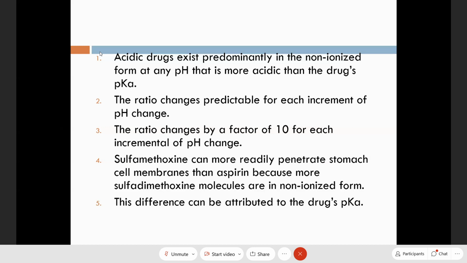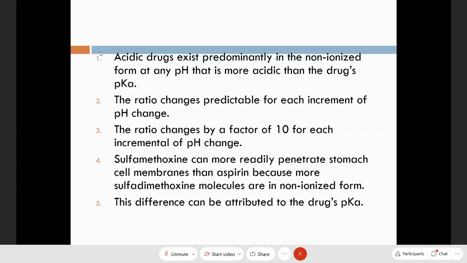Therefore, the lipid solubility is very high. They're highly lipid soluble drugs. So this difference can be attributed to the drug's pKa, and the difference in pKa determines the transportation of the drugs across the cell membranes.